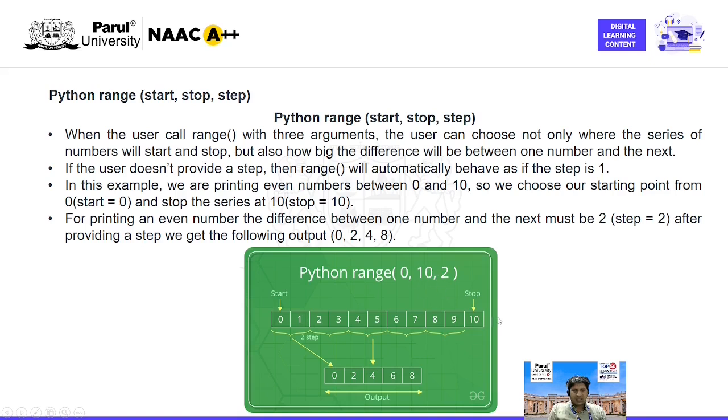The stop value is 10 and 10 is also calculated by the loop, but 10 is not included in the range function, so 10 is not printed. The next value would be 12 and it is out of range. That's why the range function prints only values from 0 to 8: 0, 2, 4, 6 and 8. These 5 values are printed between 0 to 10.